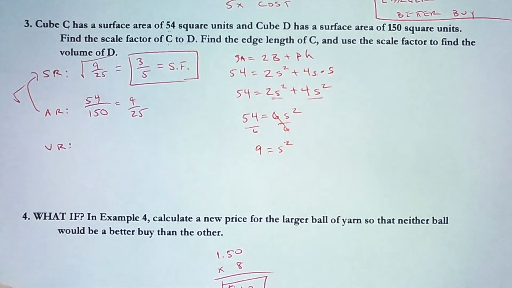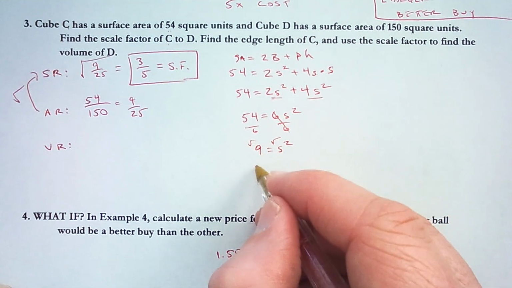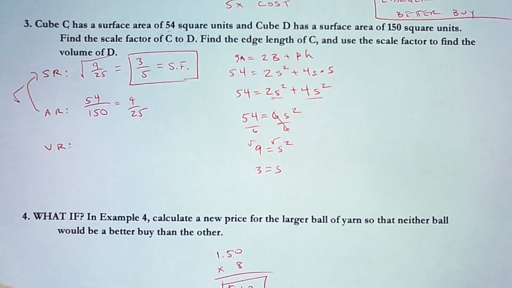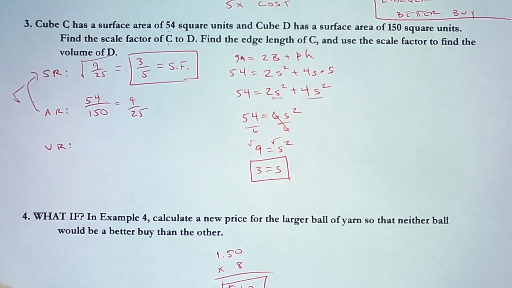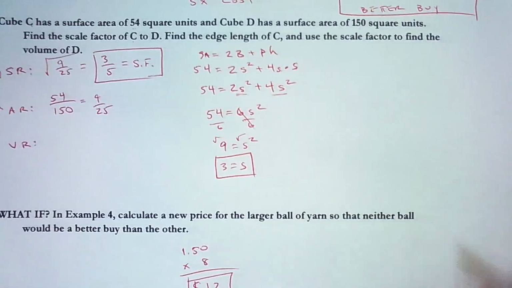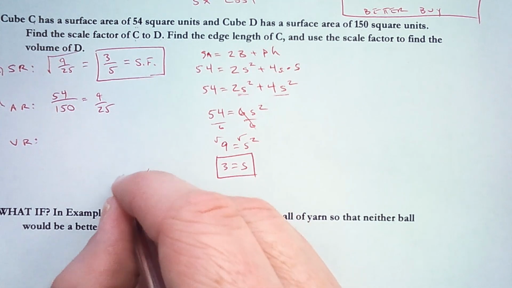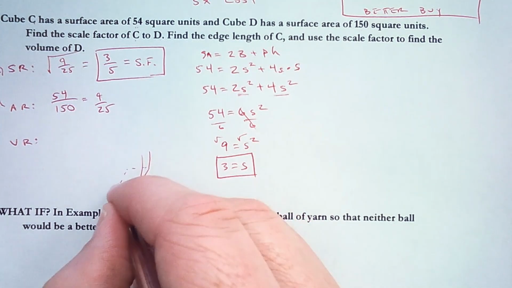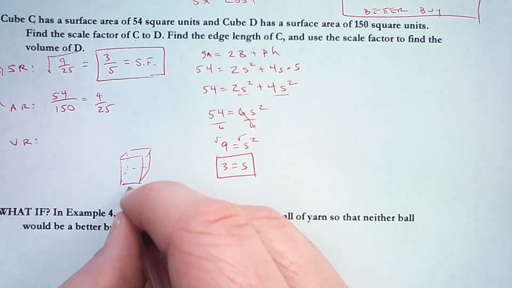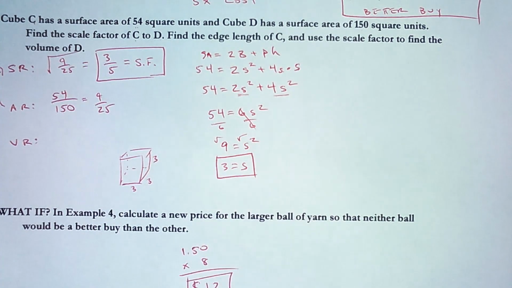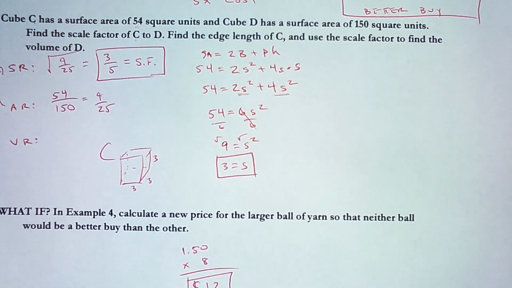So 9 equals s squared. And the square root, the positive square root of 9 is 3. Okay, so we were asked for the edge length of C. That is 3. Okay, so what we're looking at is a cube. And on that cube, all the edges are 3. So this is cube C.